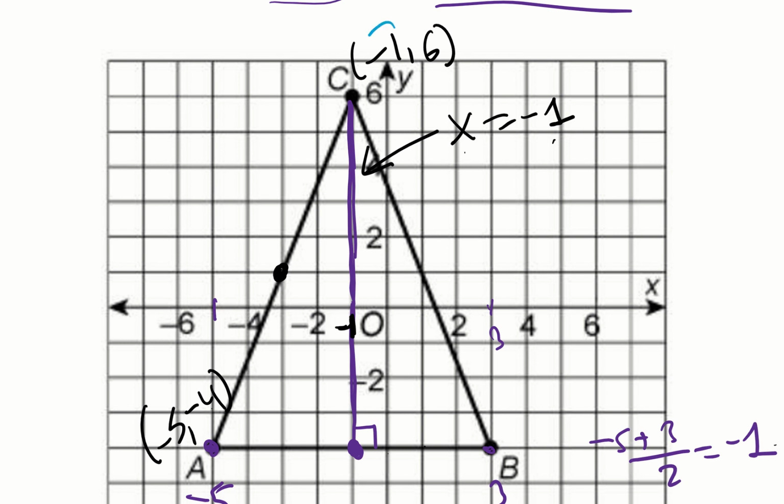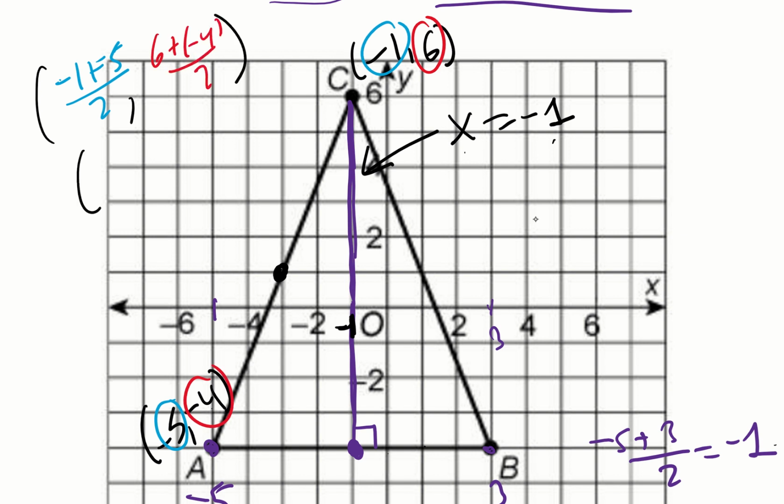So let's average these x coordinates together: -1 plus -5 divided by 2. And average the y coordinates: 6 plus -4 divided by 2. And this will give me the midpoint or halfway point. This is going to be -3, and -2 divided by 2, which is 1. So indeed, this is the correct coordinate, -3, 1. So we got it right the first time just by eyeballing it.